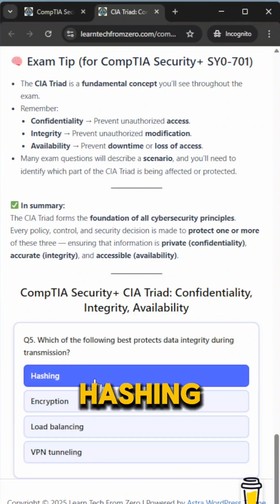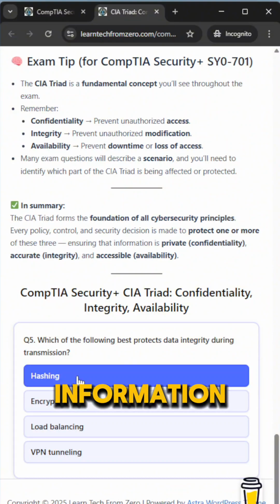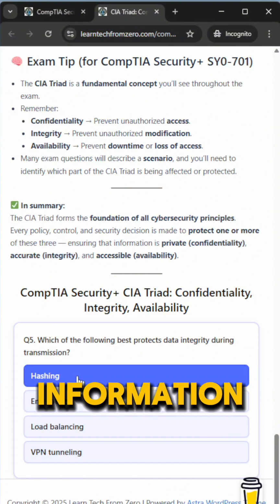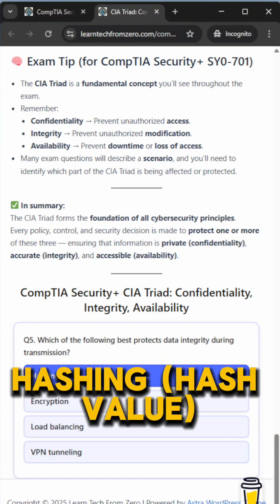So it is hashing. How hashing works is that one piece of information will always generate the same hash.